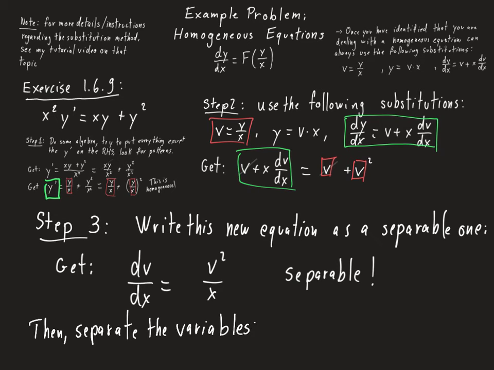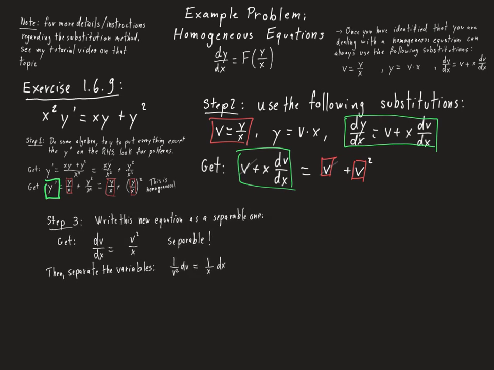So this just means move all of the v's over to the left-hand side and all of the x's and dx's over to the right-hand side. And doing this, we get 1 over v squared times dv is equal to 1 over x times dx.